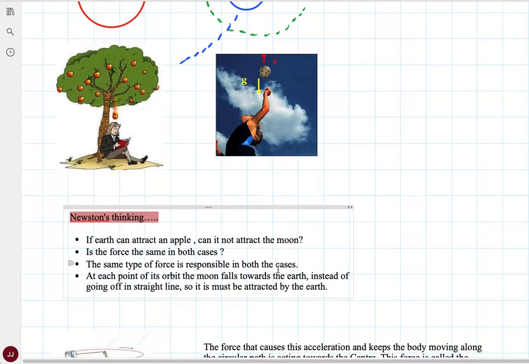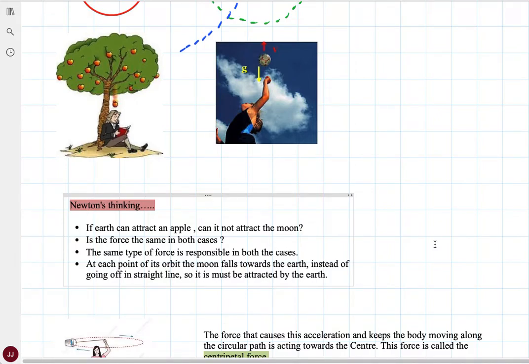So how do we arrive there? Newton's thinking: when an apple falls, it is getting attracted towards the earth. An object thrown up again falls downward.